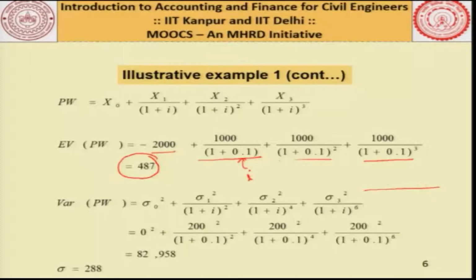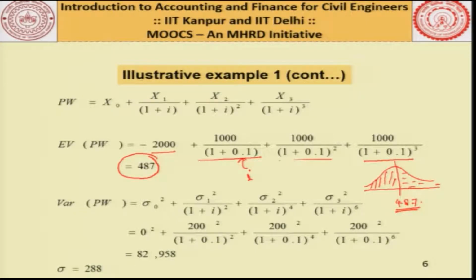So, you can draw a normal distribution like this also, and here is your mean 487. So, there is a possibility that expected value can be below 487, and there is possibility that expected value can be more than 487 also. Now, we also need to calculate the variance and thereby the standard deviation.